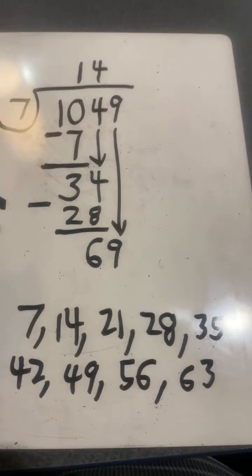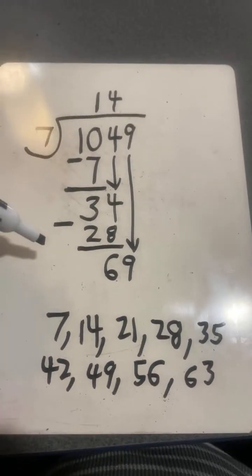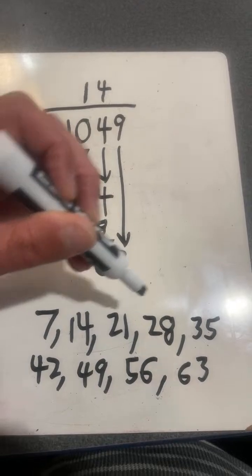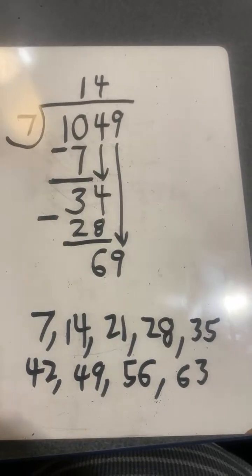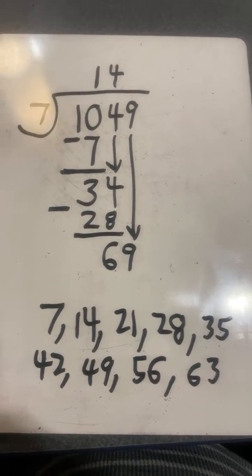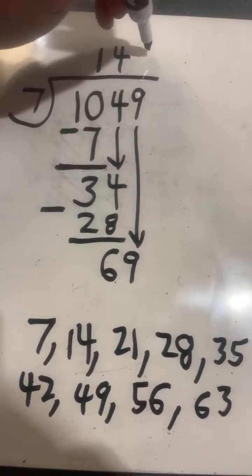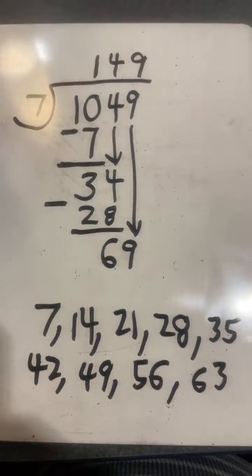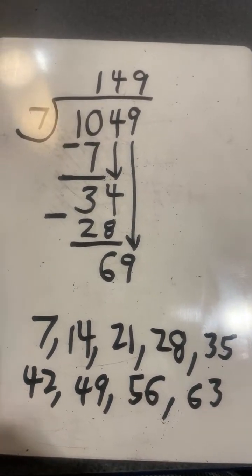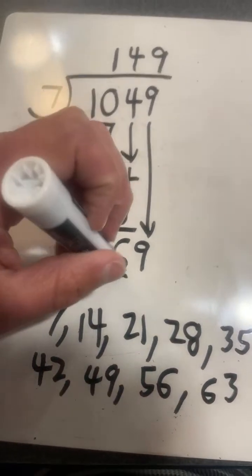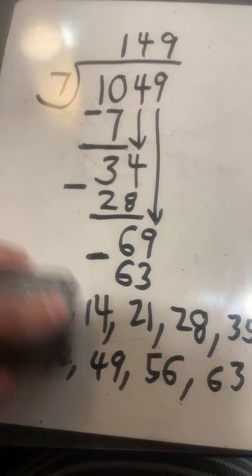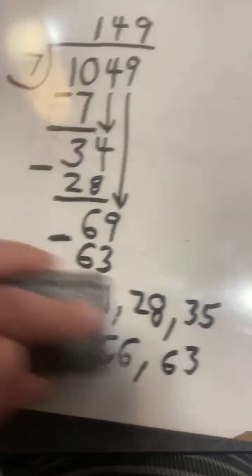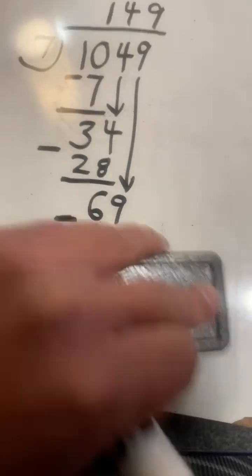If I count by sevens again, I'll end up being past 69, but I was able to get 1, 2, 3, 4, 5, 6, 7, 8, 9 groups of 7 within 69. 69 divided by 7 equals 9 with a remainder. The closest I could get to 69 without passing it was 63, so 63 is what I need to subtract.